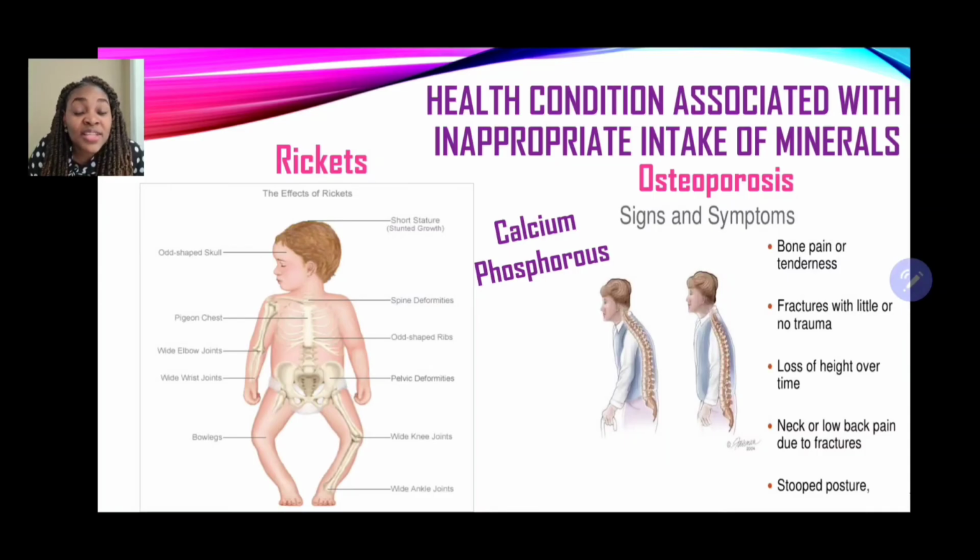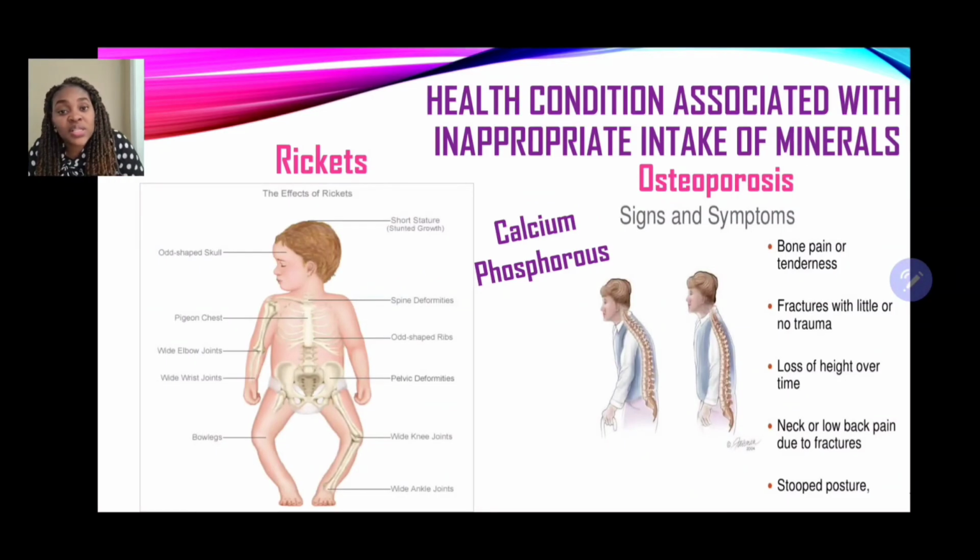Now, loss of height over time. Because the bones are getting softer, persons become shorter, just as the child with rickets has a short stature. Likewise, it's the same for someone who has osteoporosis, right? Now, there may be neck or low back pain due to fractures, and also a stooped posture.